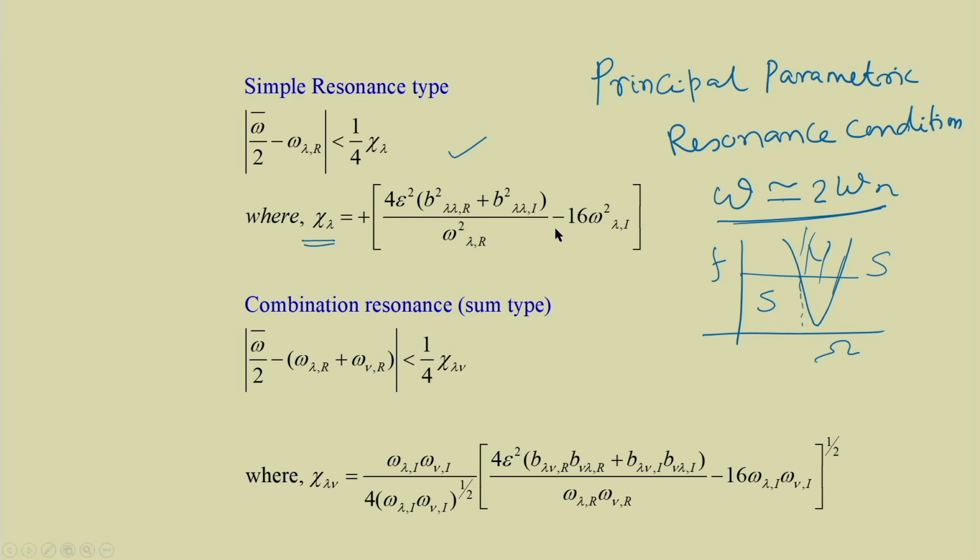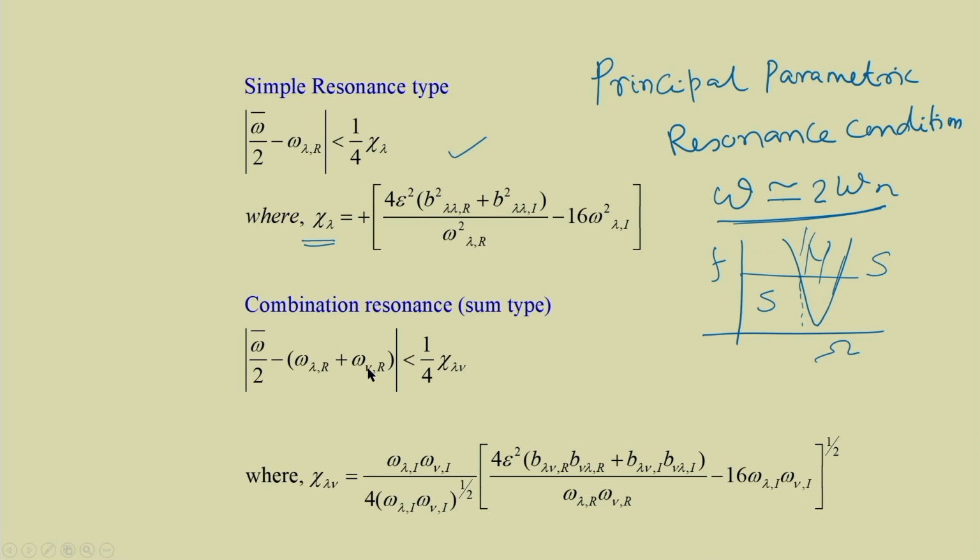Similarly, for combination resonance, we already know it can be of two types: the sum type and the difference type. In the sum type, one can write omega bar by 2 minus omega lambda r plus omega nu r. Here you have to take two frequencies: omega lambda is one frequency and omega nu is another.